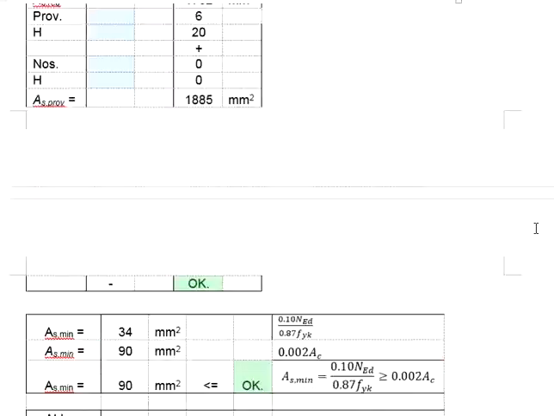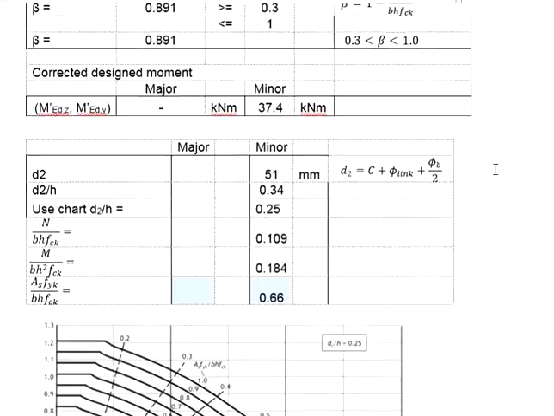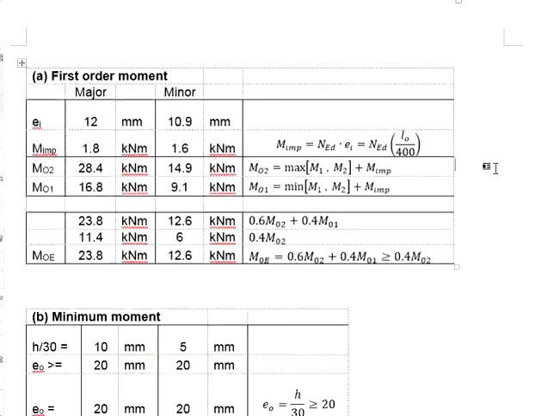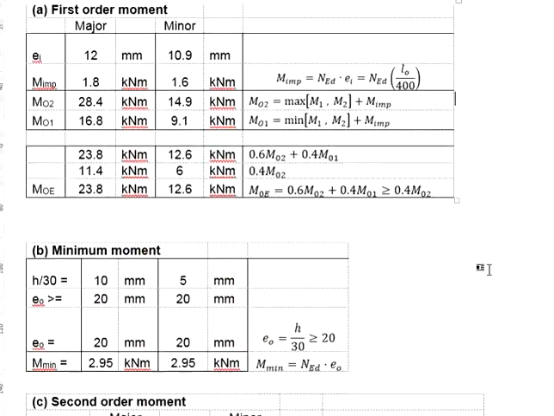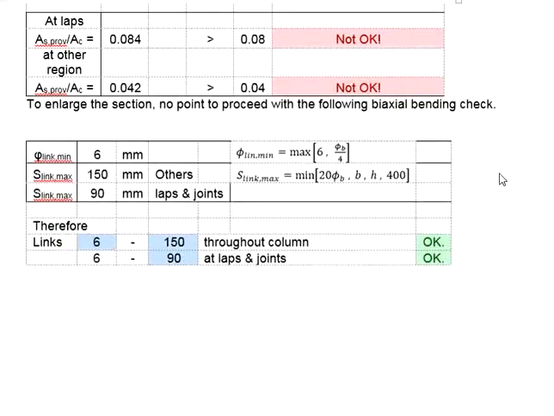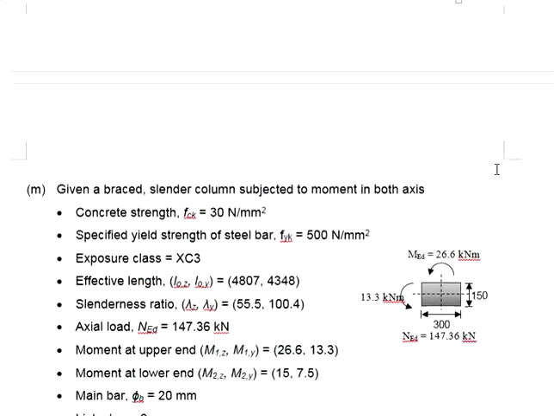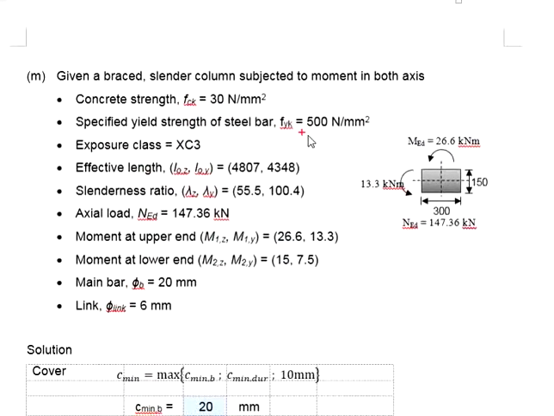Since in our previous example, we found that in the design of the slender and braced column, the maximum bar area has been exceeded. That means the proposed size 150 times 300 will be insufficient for a slender column.